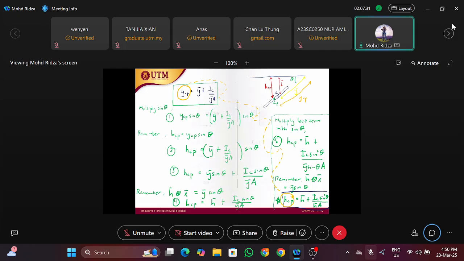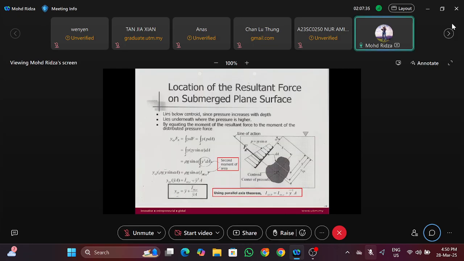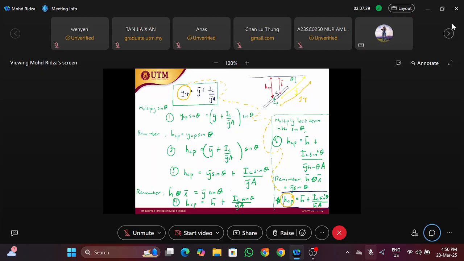So the equation in the end, this is the equation. The right hand side here is quite complex, but over time you will memorize.